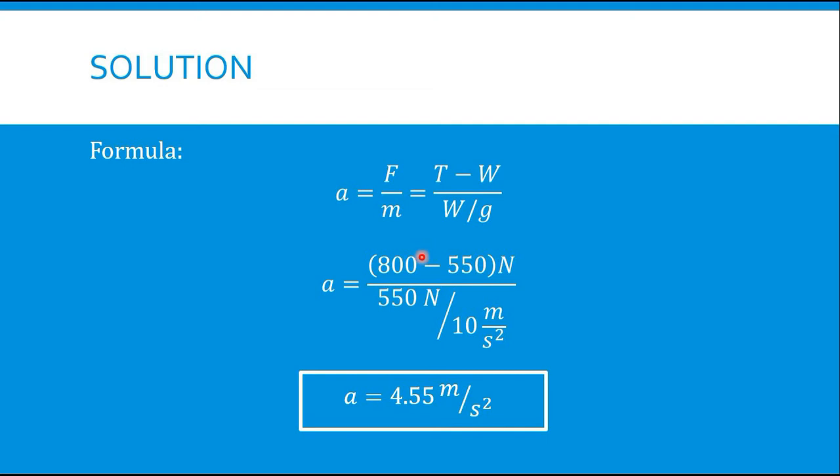By simply substituting the givens, (800 minus 550) Newtons all over 550 Newtons divided by 10 meters per second squared, we get an acceleration of 4.55 meters per second squared.